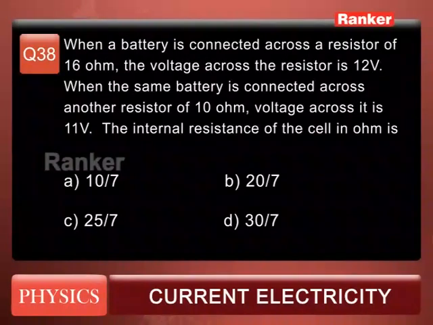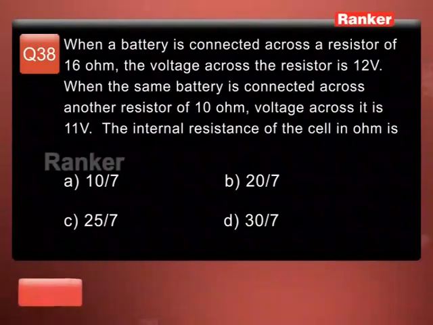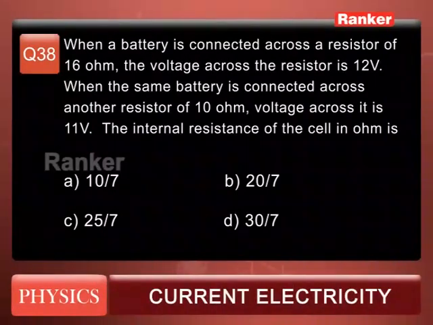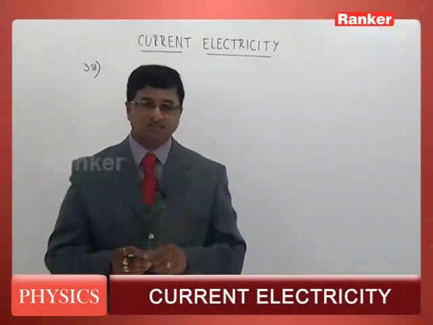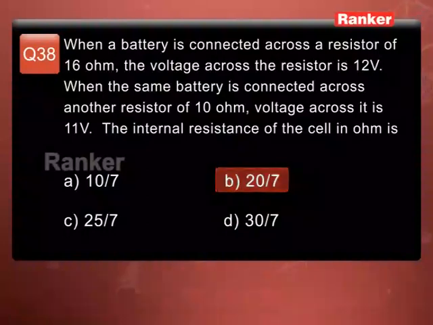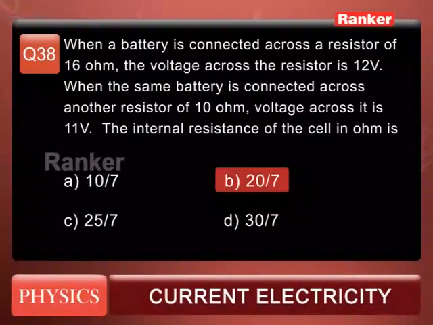What is the internal resistance of the cell in ohm? 4 options are given. 10 by 7 ohm, first option. Second option 20 by 7 ohm. Third option 25 by 7 ohm. And fourth option it's 30 by 7 ohm. The correct answer for this is 20 by 7, which is the second option for us.